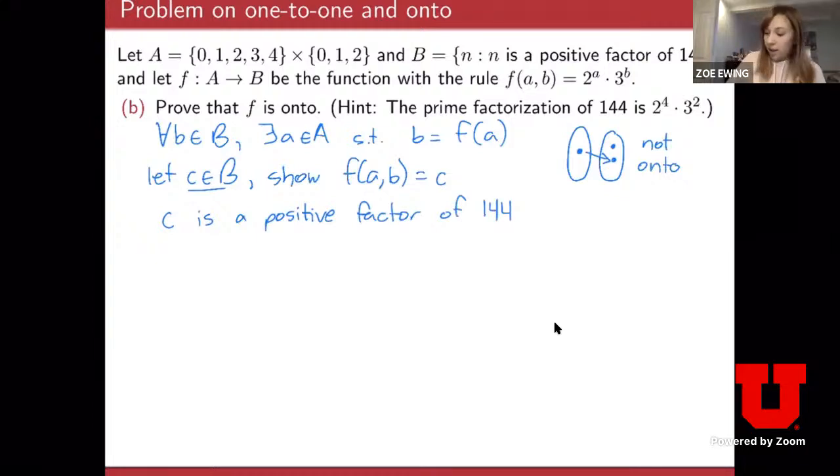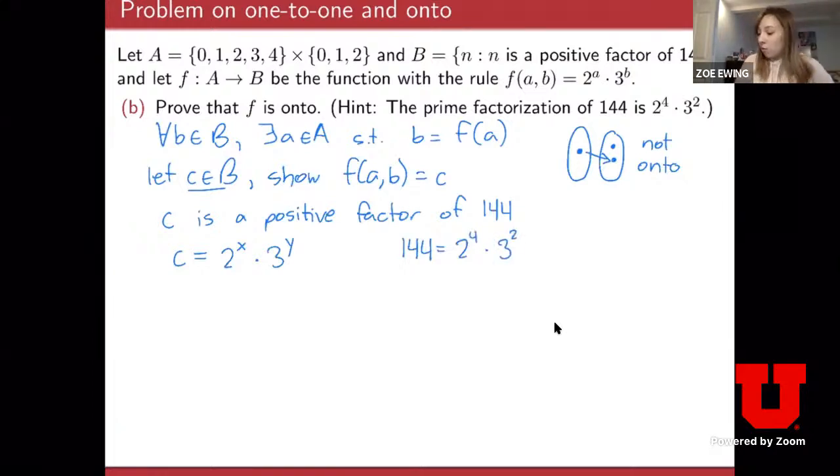All right, and that means that c is equal to 2 to the x times 3 to the y. And let's also remember that 144 is equal to 2 to the 4th times 3 squared.